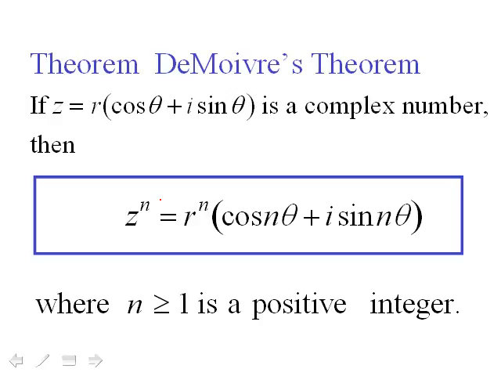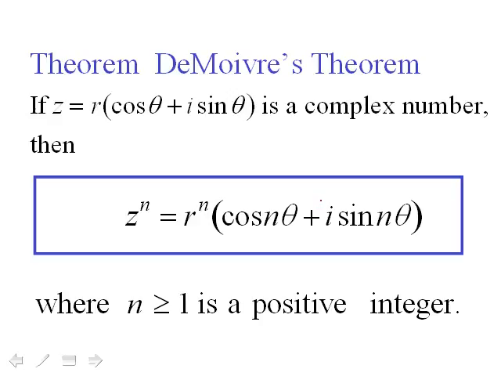You repeatedly apply that polar multiplication rule. So you multiply z times itself n times by multiplying the size of z, the absolute value of z, times itself n times, and you adjust the argument of the power by adding the angle to itself n times.